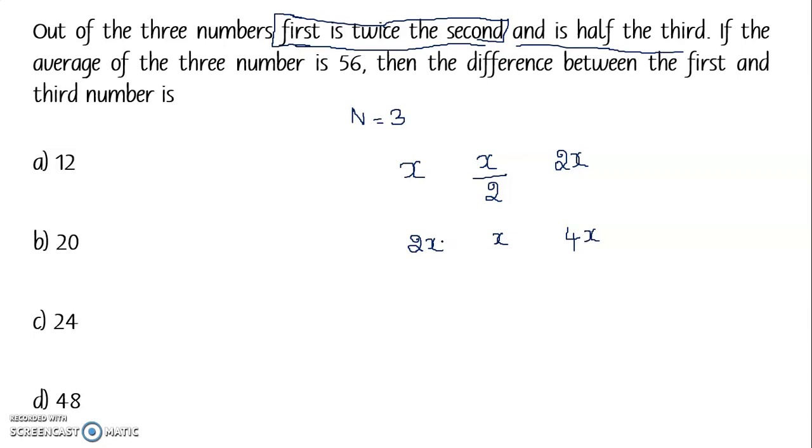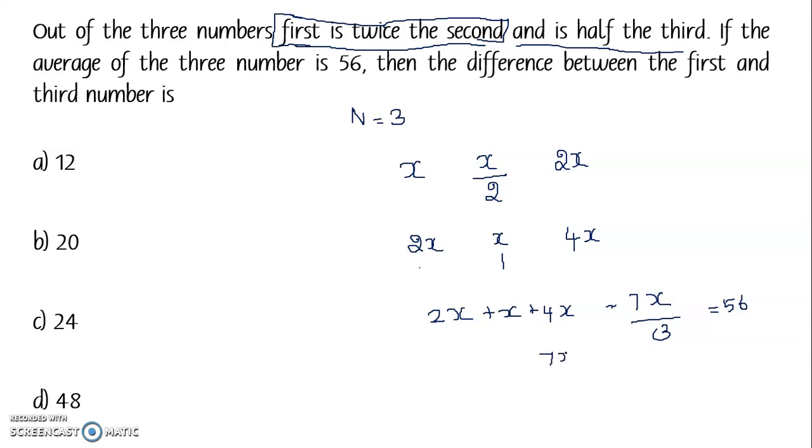Now still, first is twice the second, and half the third. So we got the three numbers. Now the average of the three numbers is given as 56. So the average will be 2x plus x plus 4x, so 2 plus 4, 6 plus 1, 7x is the total. 7x by 3 is given as 56.